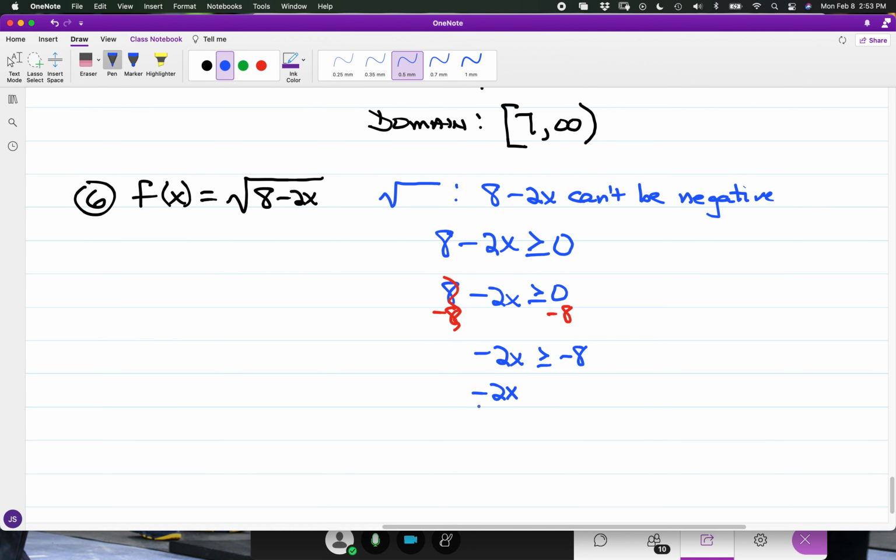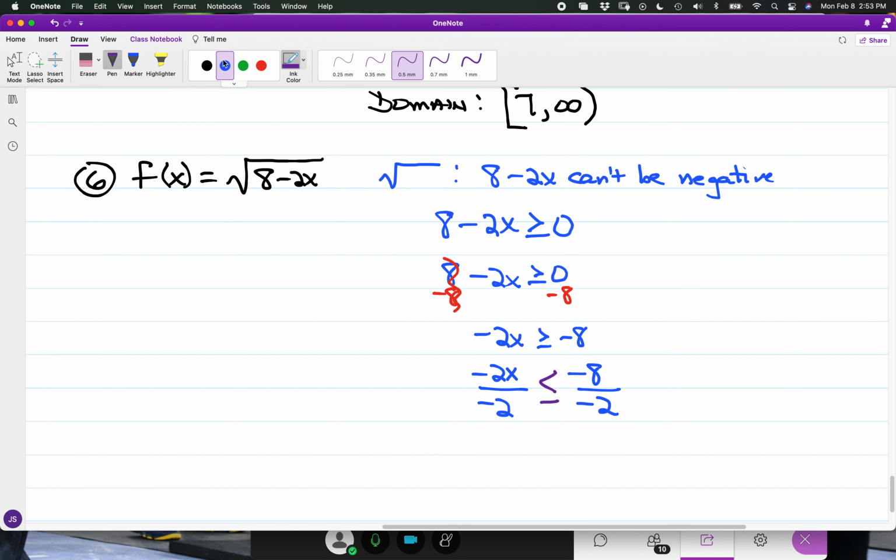If you're multiplying or dividing, not adding or subtracting, but multiplying or dividing by a negative, remember to change the direction of the inequality. So again, we're going from greater than or equal to, to less than or equal to. So the inequality solution for x is going to be that x is less than or equal to 4.